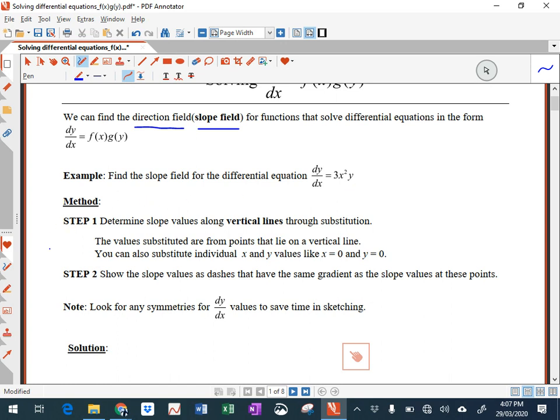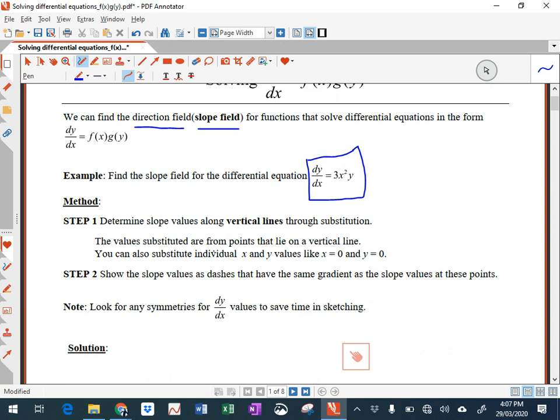Now the method is in 2 steps mainly. So step 1 is you determine slope values along vertical lines through substitution. That means you're substituting x and y values into your differential equation here. Now, which x and y values do you put in?